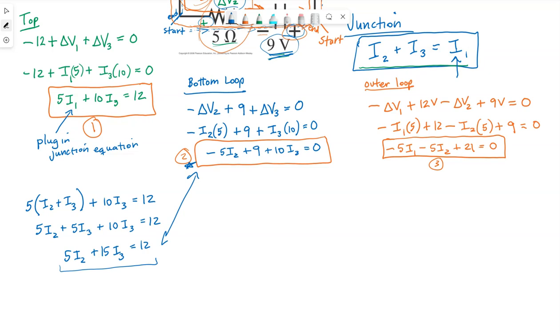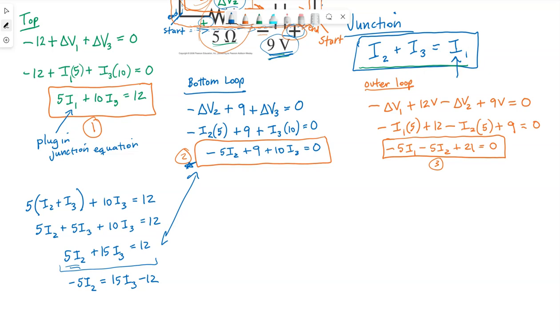Since I see 5I2 there, I'm going to solve for negative 5I2 here. So minus 5I2 would be 15I3 minus 12. So I took this to the other side.